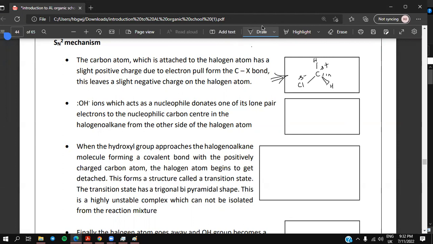And then afterwards, the OH negative ion, which acts as a nucleophile, donates one of its lone pair electrons to the nucleophilic carbon center in the halogenoalkane from the other side of the halogen atom. It means if the chlorine atom is on the left-hand side, like this, the nucleophile, which is the hydroxyl ion, gives electrons from the other side of chlorine, delta positive, delta negative.